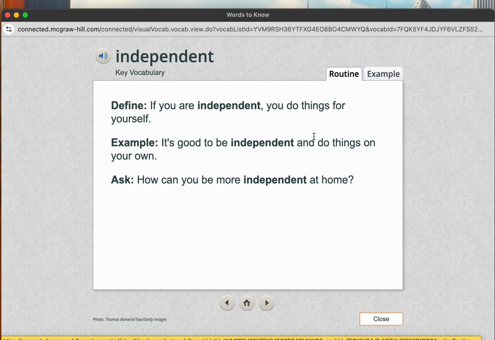A question you might ask yourself is, how can you be more independent at home? So let's talk to our neighbors. How can you be more independent? I'm going to give you another 15 seconds.